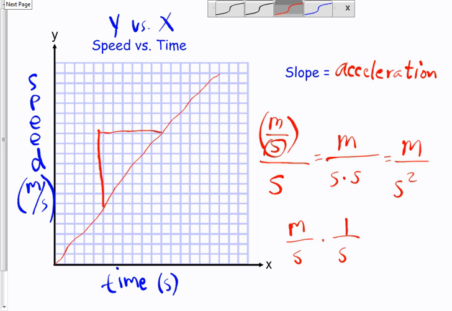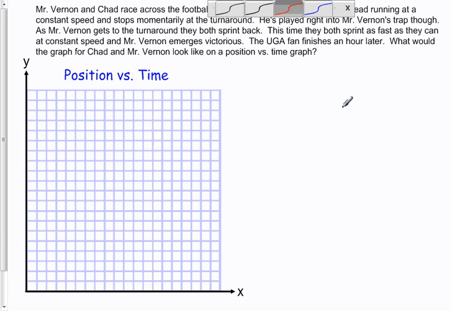Okay? So let's work a couple of examples where we're drawing some different forms of this speed and acceleration. Okay. So in this graph, we can see here, Mr. Vernon and Chad race across the football field and back. Chad takes an early lead running at a constant speed and stops momentarily at the turnaround.